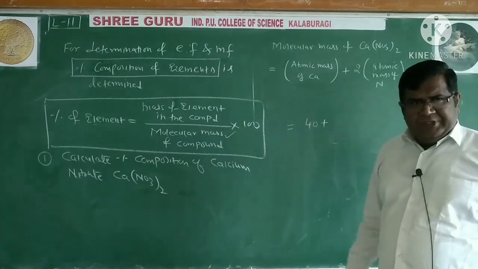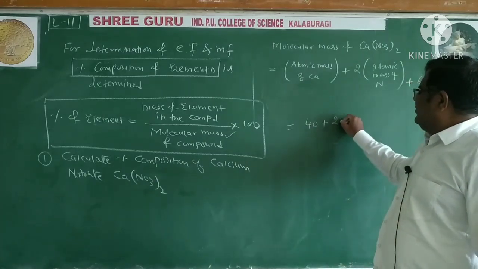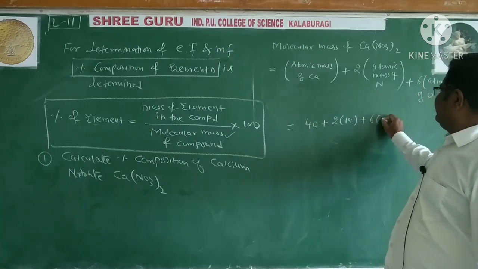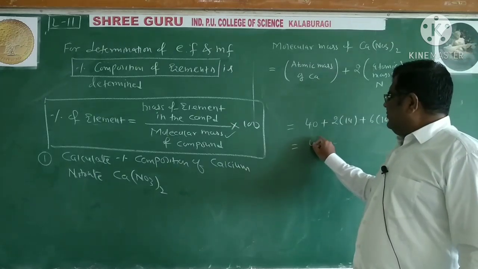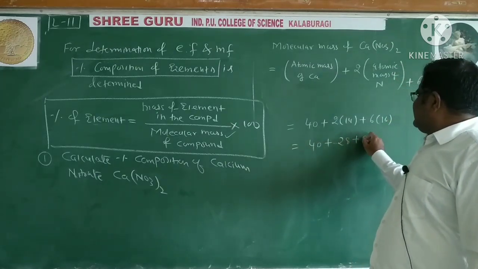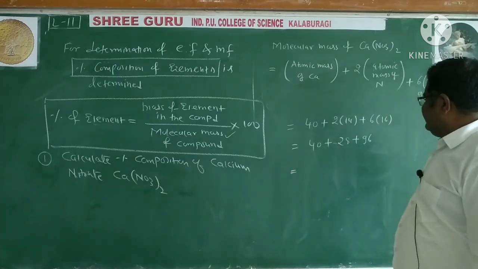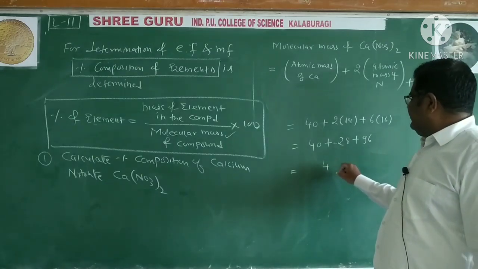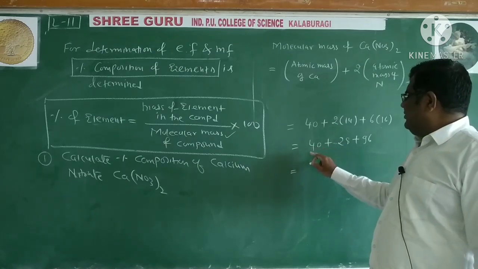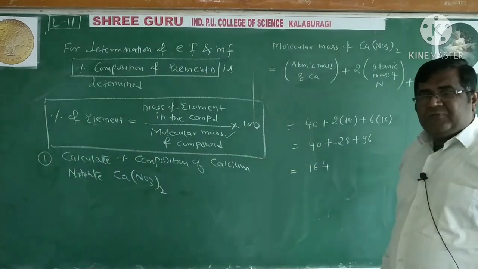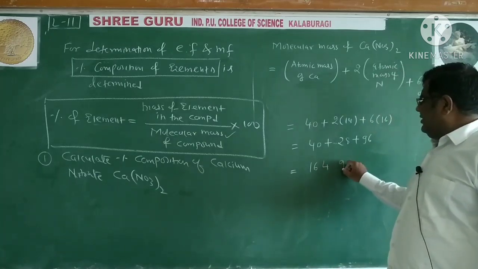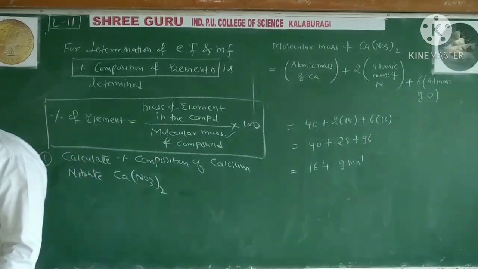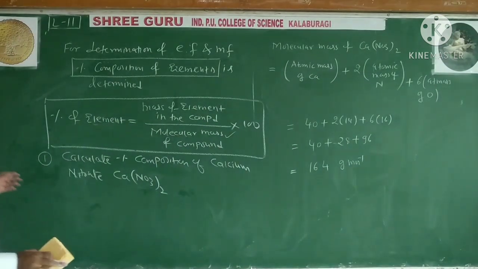Calcium is 40, nitrogen is 14, they will give in the question. 2 into 14 plus 6 into 16. It is 40 plus 28 plus 96. 6 plus 8, 14. 1, 10, 12, and 4, 16. So it is 164 gram per mole, the molecular mass of the calcium nitrate.